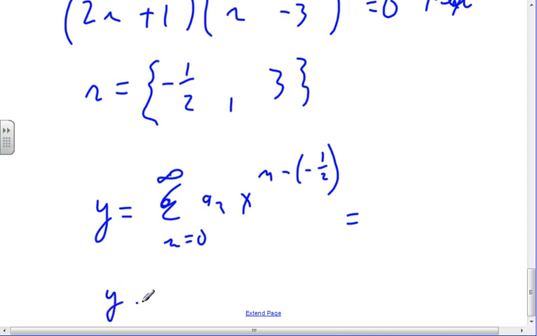And the other possibility is summation n equals 0 to infinity a n x to the n minus 3. So I could have a minus 3 term, a minus 2 term, a 0 term. So those are my exponents. Okay, well that solves that problem.